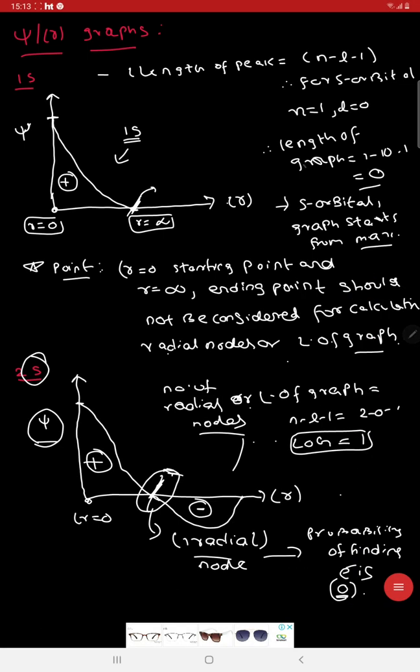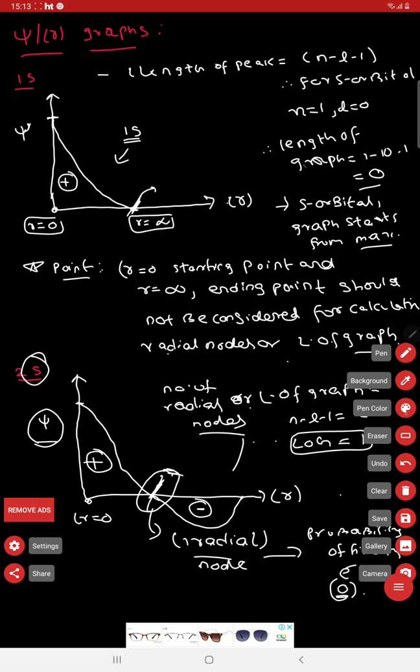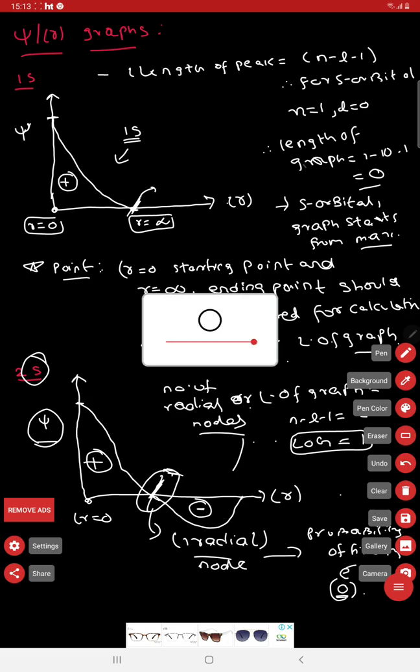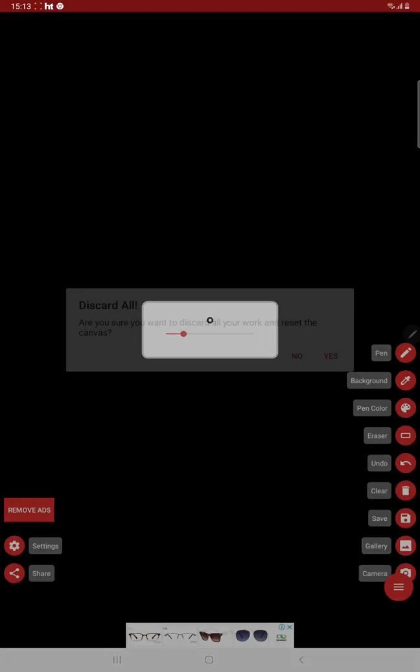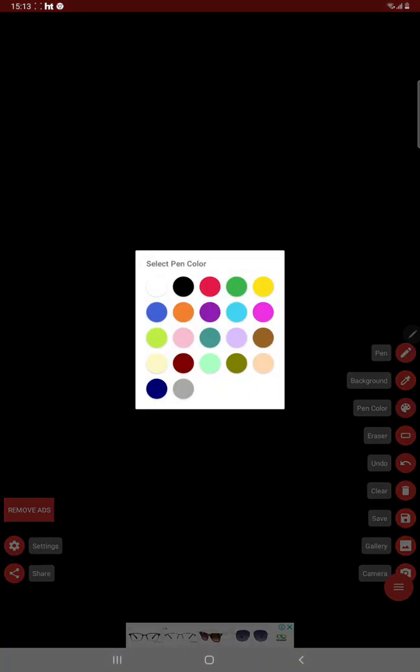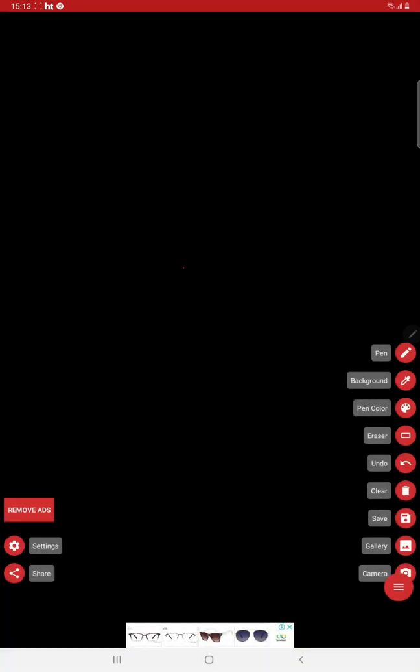Next, I'll take another graph, and most probably I'll complete this. Next one is the 4p graph.